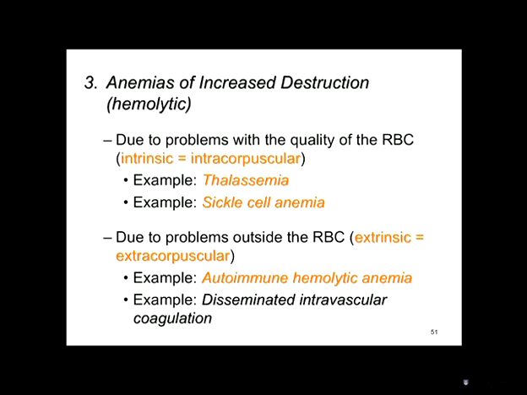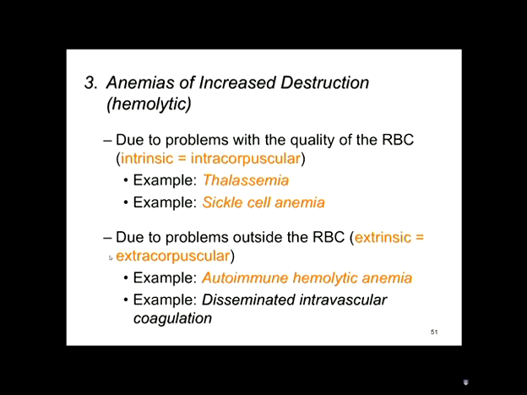But you can also have destruction of red cells because of something else. The red blood cells are normal, but something else is going on in the system that's attacking the red cells. The one condition that we'll talk a little bit more about when we talk about autoimmune disease is called autoimmune hemolytic anemia, and we'll also see it in the context of other autoimmune conditions such as systemic lupus.